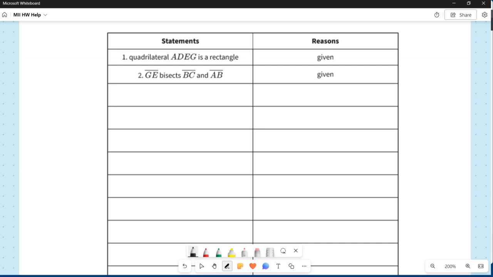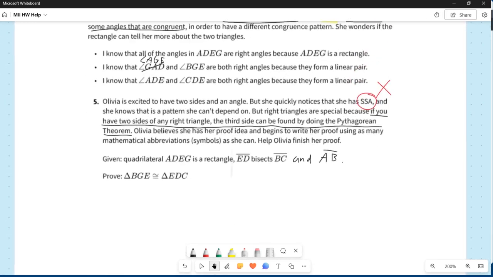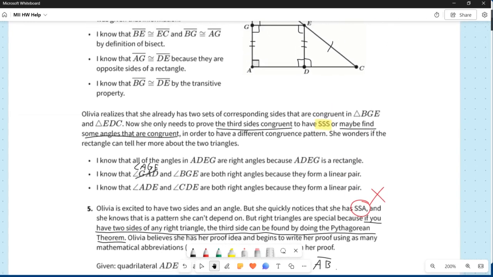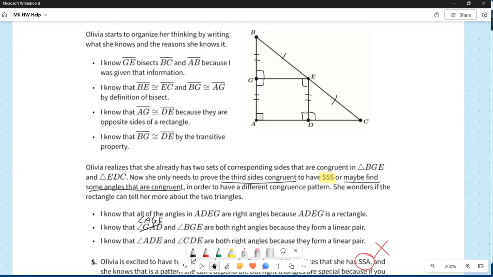Now, notice that if you go back to Olivia's thinking here, pay attention to these bullet points. So we've already incorporated this piece of information, right? I know GE bisects BC and AB because I was given that information. Well, okay, that's already appeared in our proof, right? We were given that.